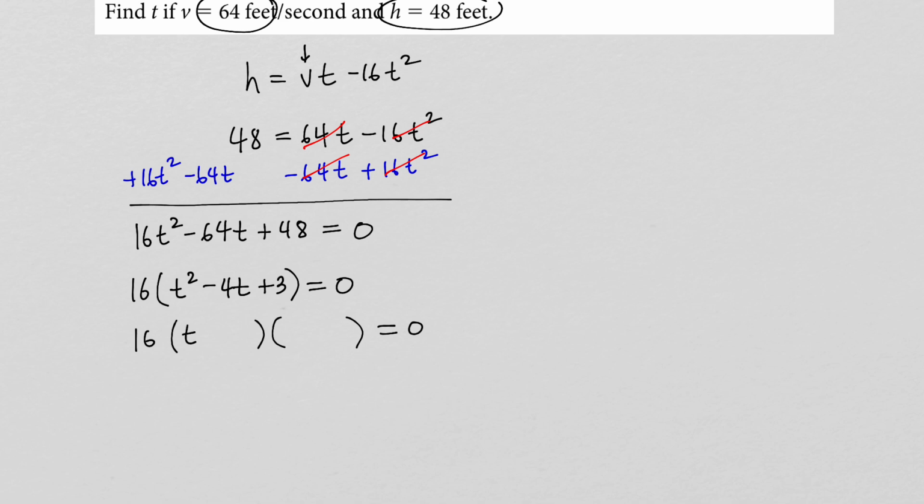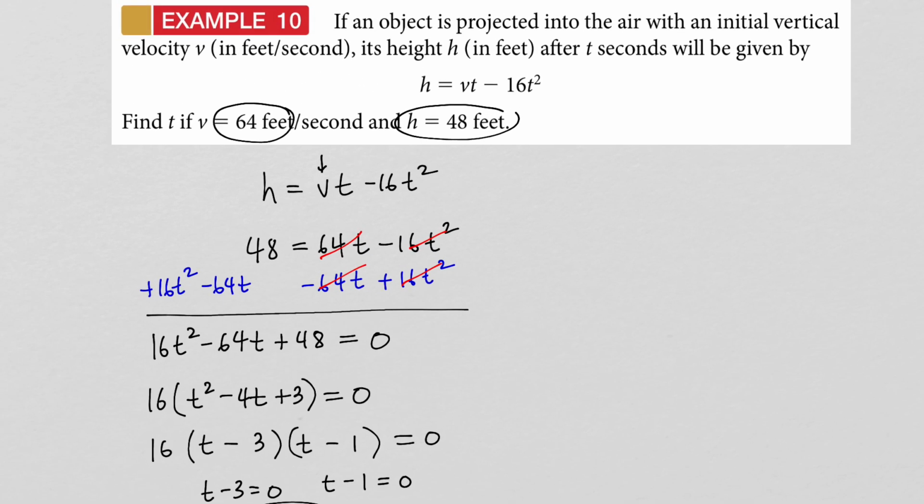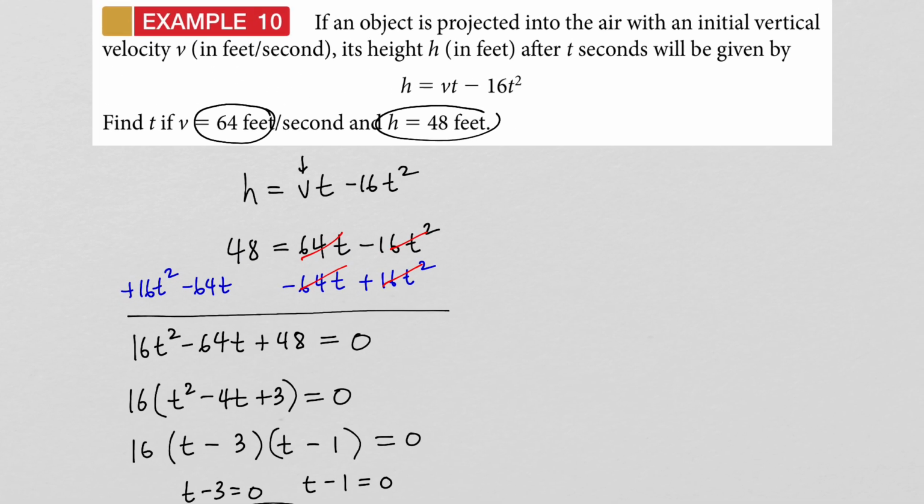We can make a magic x, or we can simply figure it out because these numbers are very small. It's going to be t minus 3 times t minus 1. Then we set each of these factors equal to 0, and we are going to get two solutions, 3 and 1.